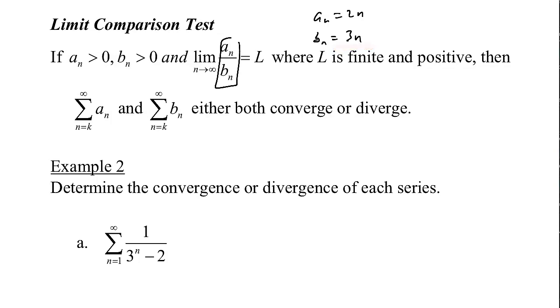I know 3n is going to diverge too, but if I divide the two, that comes out 2/3, so they just come out as a ratio of each other. So if I can show that the limit of the division comes out finite and positive, and finite just means not infinite, then both of the series either converge or diverge.